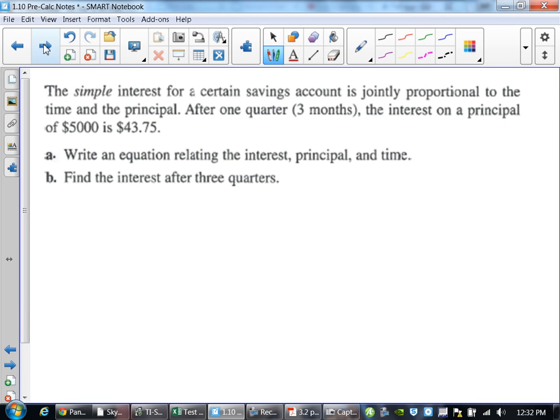Simple interest for a certain savings account is jointly proportional to time and the principal. So simple interest is jointly proportional, times 2 other things, time and principal. Simple interest equals something times time and principal.